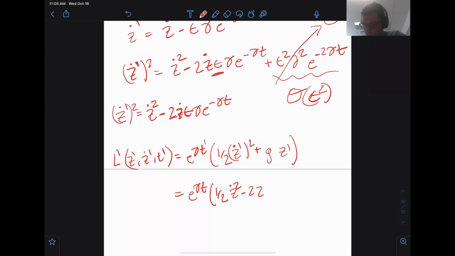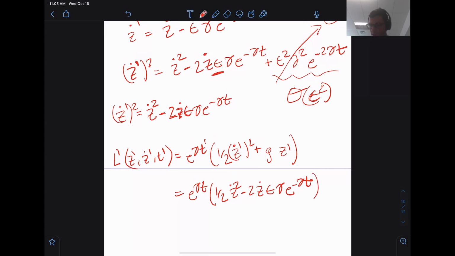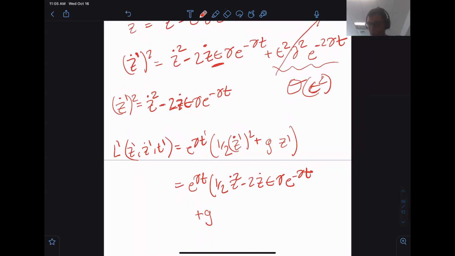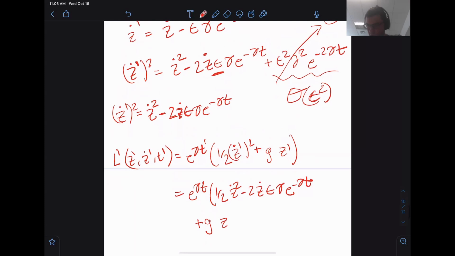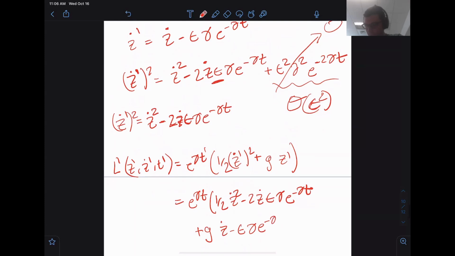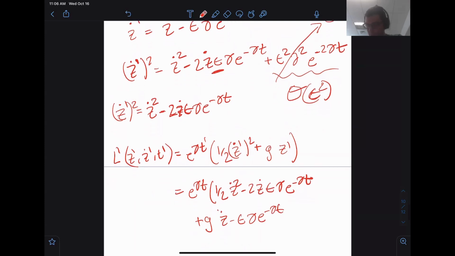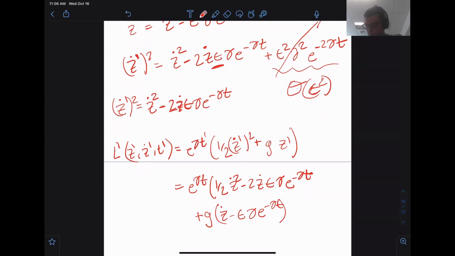2 z dot epsilon gamma. That's the prime Lagrangian.